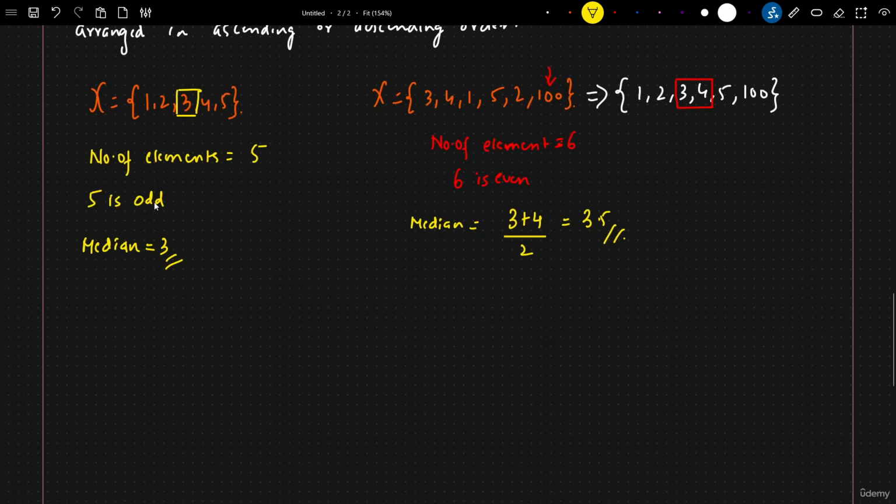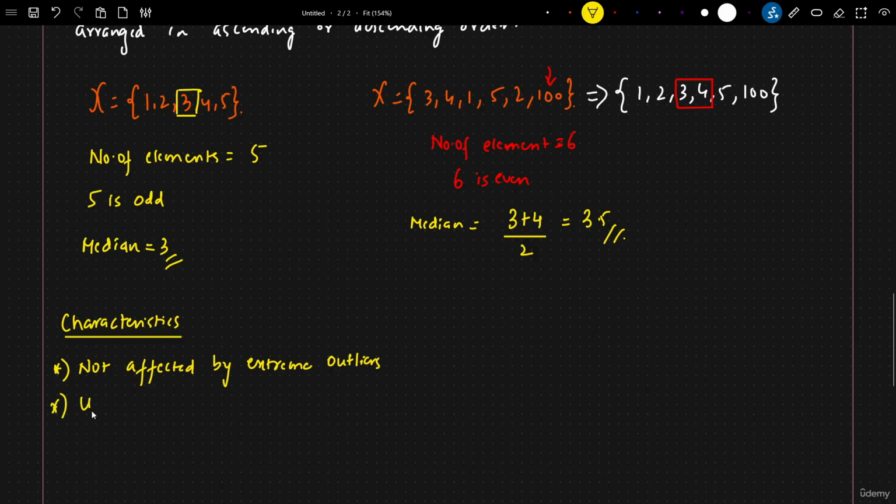So let's go ahead and write the important characteristics. One important characteristic is that it is not affected by extreme outliers, right?